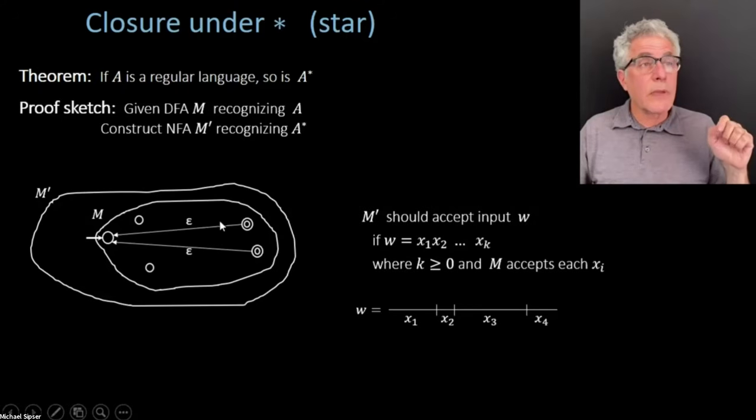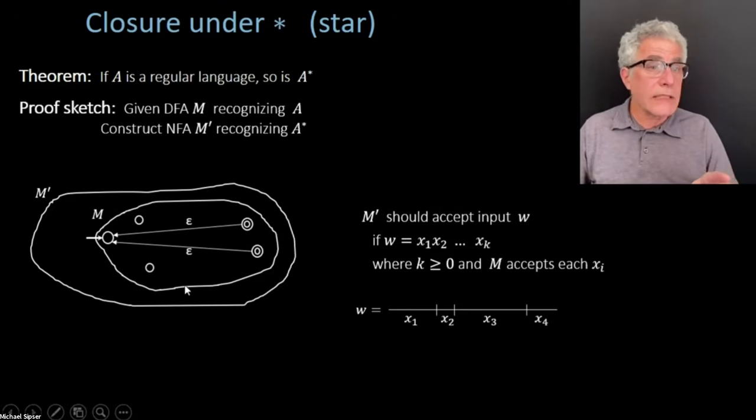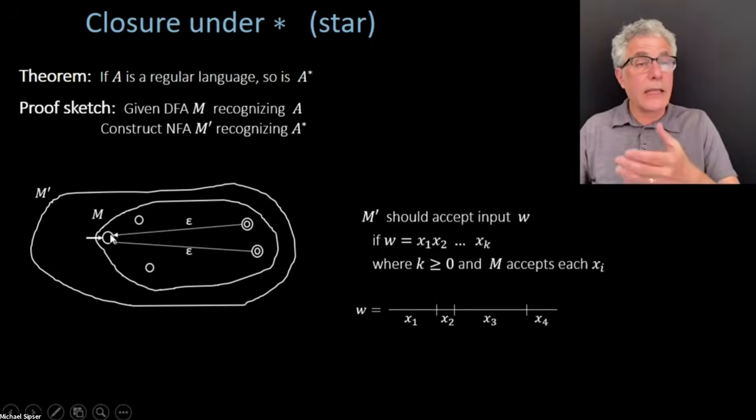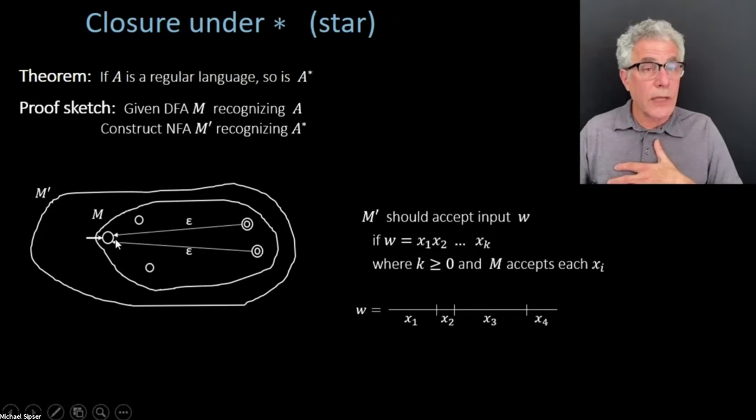So now every time M has accepted, it has an option, not a requirement, but an option. It can either continue processing, or it could restart, making a cut at that point and trying to see if there's another segment of the input that it's going to accept.